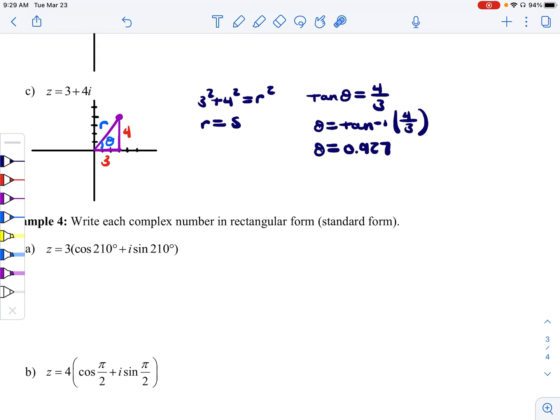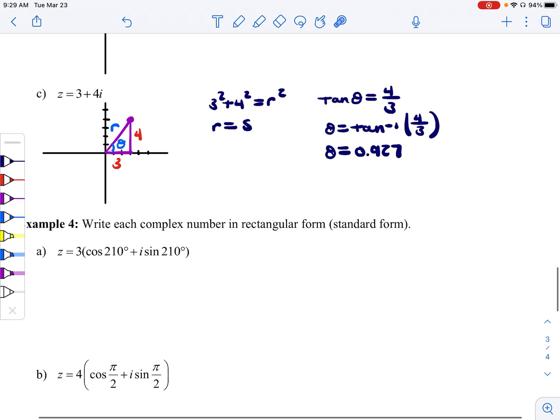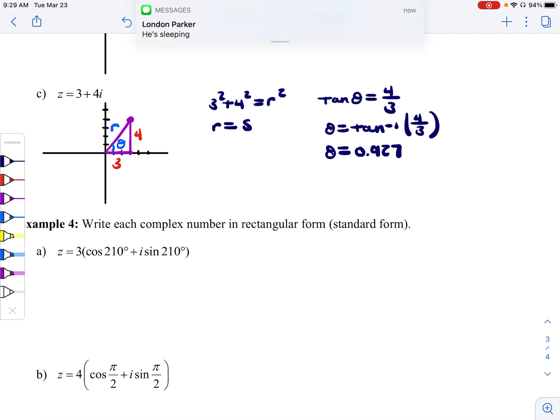Now this is an angle in quadrant 1, like we want it to be, so that's going to be our final answer. But just hypothetically, if we had had an angle over here in quadrant 3, then you would need to add 180 degrees in order to get your answer. So make sure always that the angle that you have is within the correct quadrant.